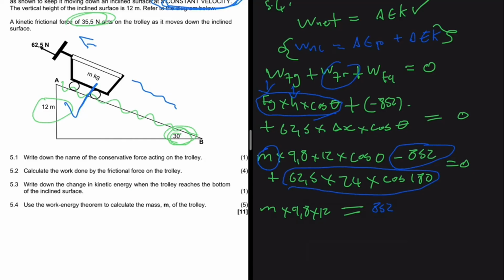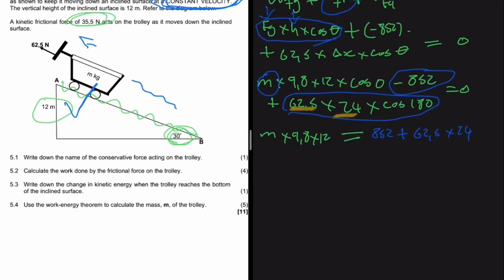And then this here, we know fully well that cos of 180 is minus. So when I take 65 multiplied by 24 to the right hand side, it should be positive, because cos of 180 is minus. So here we're going to have plus 62.5 multiplied by 24. Now it should be easy to see.